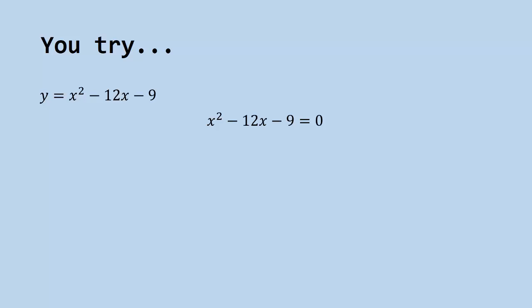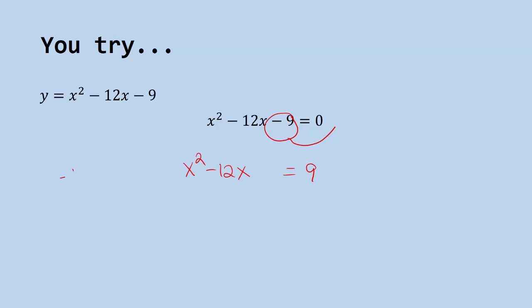Let's see how you did. So again, in this particular example, x squared has already got a 1 in front of it, so we can go straight into the method of completing the square. So the first thing you should have done was to add 9 to the other side of the equation. So you're left with x squared minus 12x equal to positive 9. Now we're going to take the left, make a perfect square out of it.